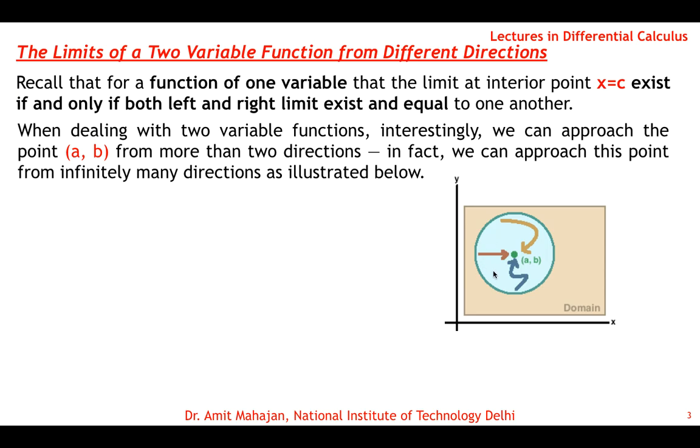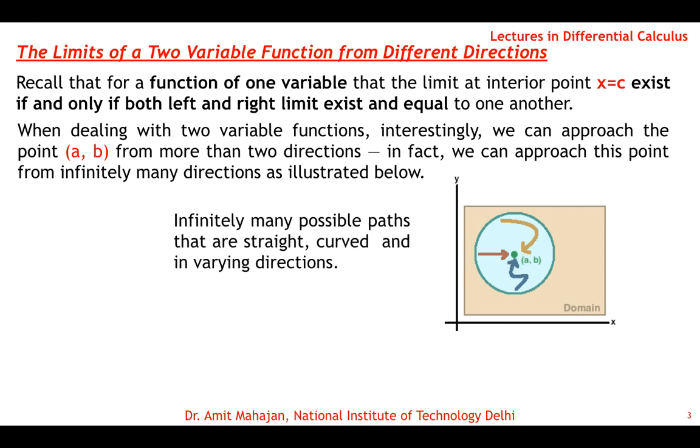Then for any point in the neighborhood, you can approach using a straight line, or using a parabolic line, or by an arbitrary curve. So there are infinitely many possible paths that are straight, curved, and in varying directions. So we cannot just use the left hand right hand limit and say the limit exists. There are infinitely many different directions and paths by which you can approach that point a b from the neighborhood point xy.